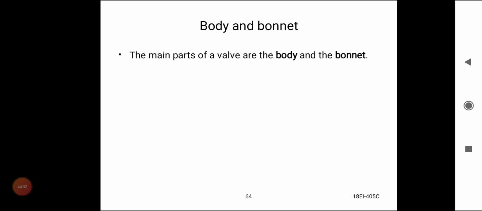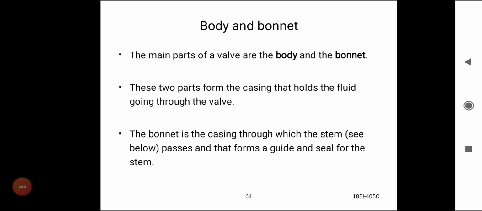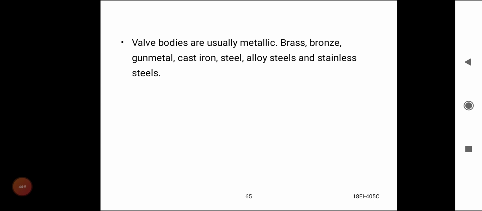The main parts of the valve body are body and bonnet. These two parts form a casing that holds the fluid going through the valve. The bonnet is a casing through which the stem passes and that forms a guide and seal for the stem.